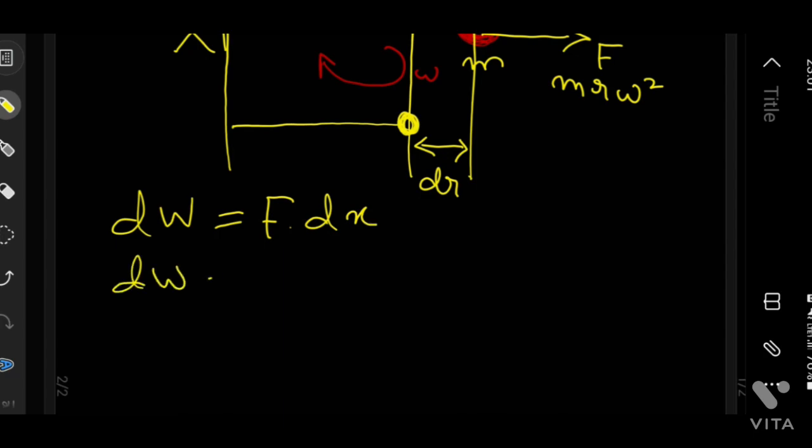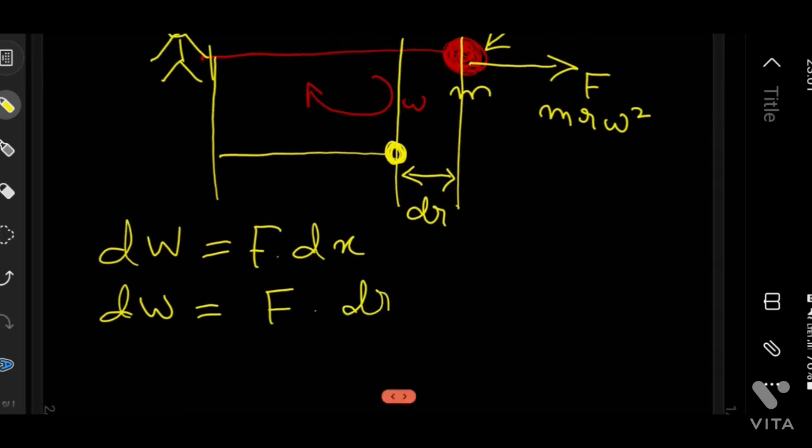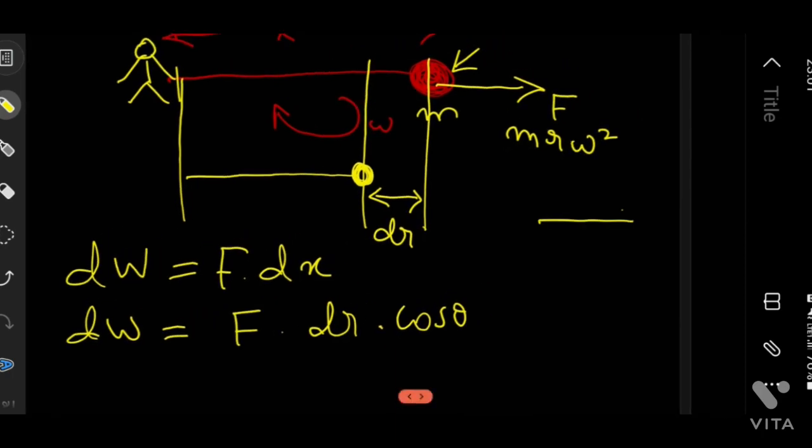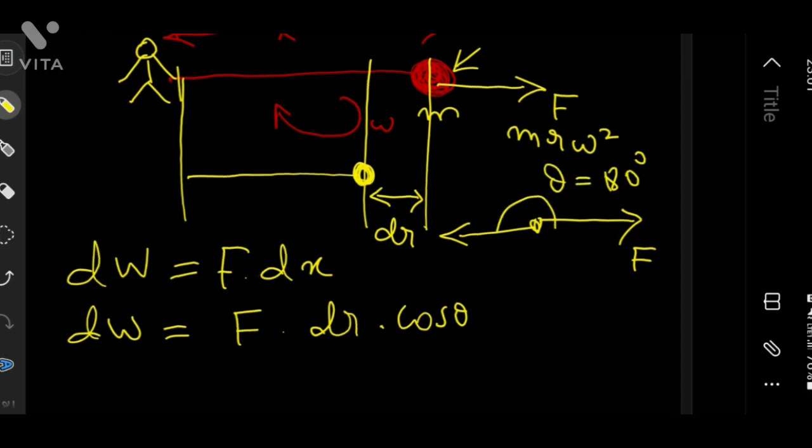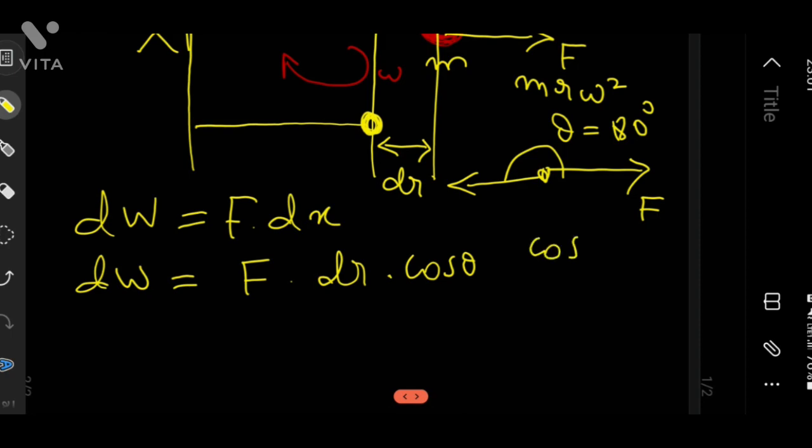So dW is equal to F into displacement, which is dr, into cos theta. Here the direction of force is outward, and the direction in which I have moved the object is inward. So the angle theta between them is equal to 180 degrees. So cos 180 degrees is equal to -1.